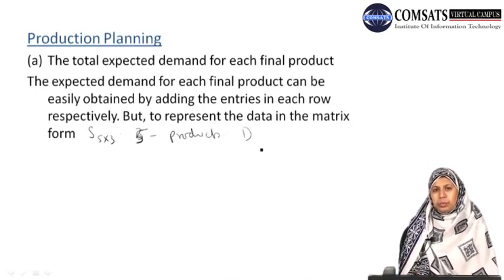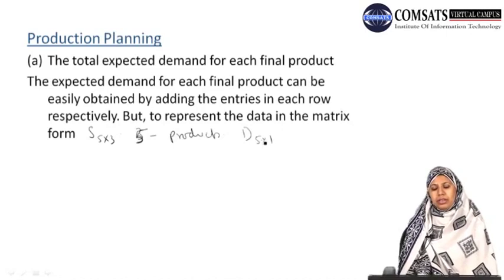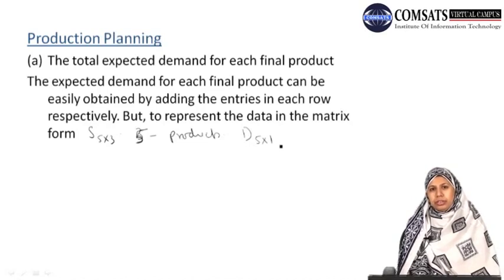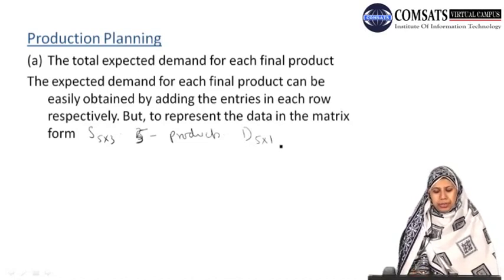So our output matrix D will be a matrix of order 5 by 1, that is a column matrix of 5 rows and 1 column, where each row represents the total expected demand for each product.